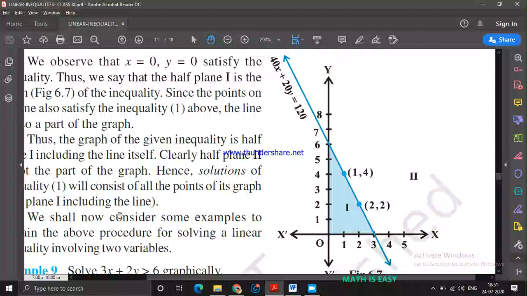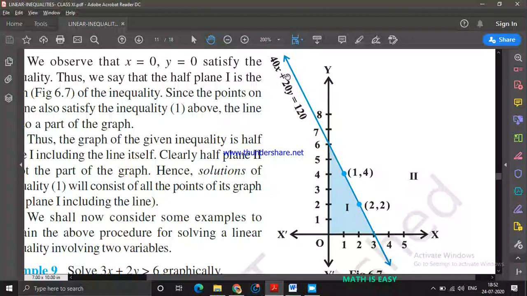I cannot enter the second quadrant, the third quadrant, or the fourth quadrant. So my solution has to be in the first quadrant. You take any point within the shaded region, okay? Each and every point in this shaded, triangular region is going to satisfy the given inequality.